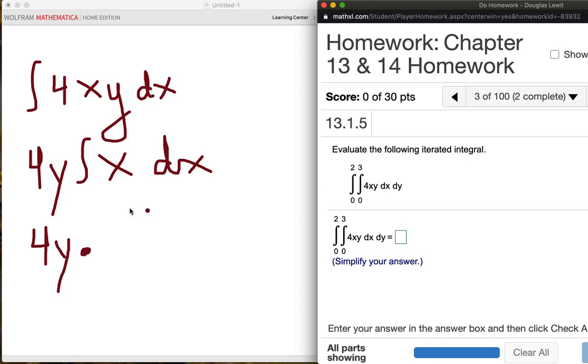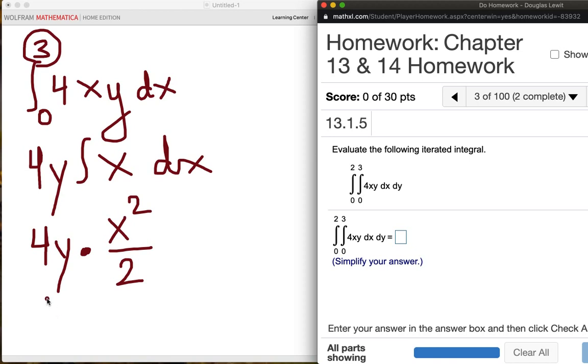That's going to be equal to 4y times x squared over 2. We don't have to worry about the plus c because this is a definite integral with real numerical limits, 0 and 3. If x is 0, we have 0 squared divided by 2 is 0, and 4y times 0 is just 0. So let's just worry about the 3.